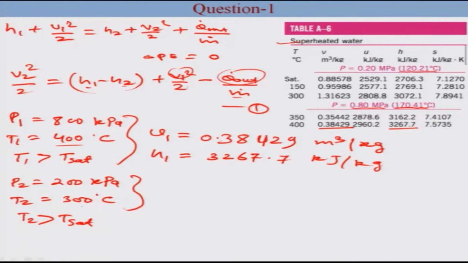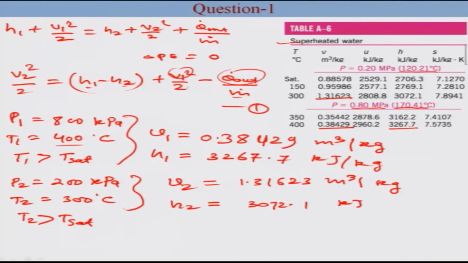So the corresponding specific volume v2 will be equal to 1.31623 meter cube per kg, which is this value, and the corresponding enthalpy H2 will be 3072.1 kilojoule per kg.